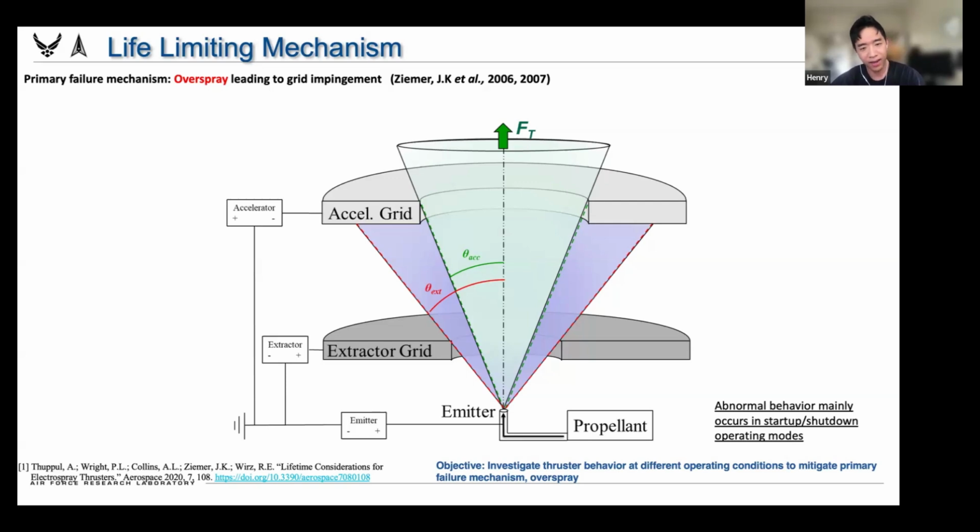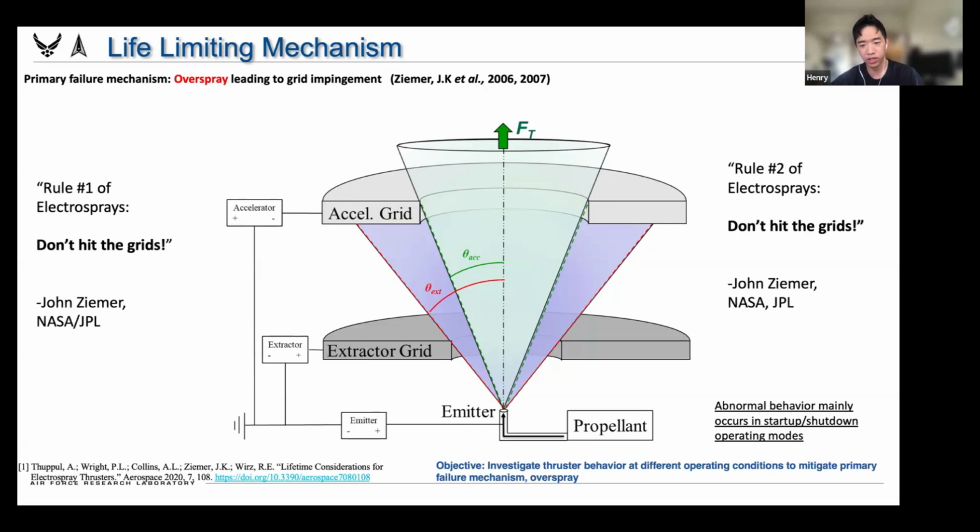That abnormal behavior happened when we start up or shut down operating modes, and those droplets hit the grid, and caused shorting issues and abnormal behavior, and shut down after 3,400 hours. So we had 2 rules. Number 1 is don't hit the grids, and number 2 is don't hit the grids, according to John Ziemer at NASA JPL. So our objective was to investigate and mitigate the primary failure mechanism, in this case, the overspray.